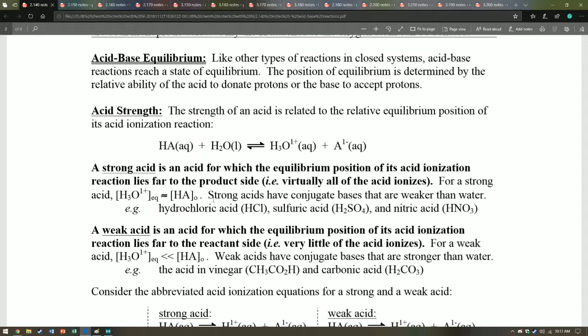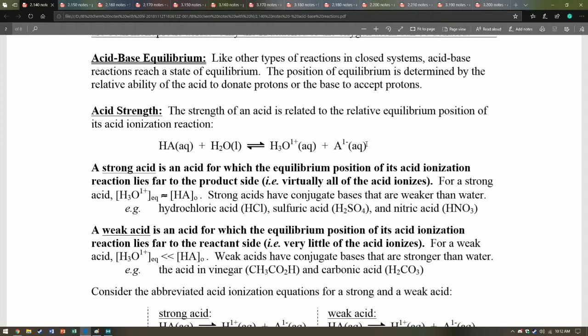So all of the acid ionizes, so this is the equilibrium that it undergoes in water. A strong acid virtually ionizes fully. A weak acid is the opposite, an acid where very little of it ionizes.